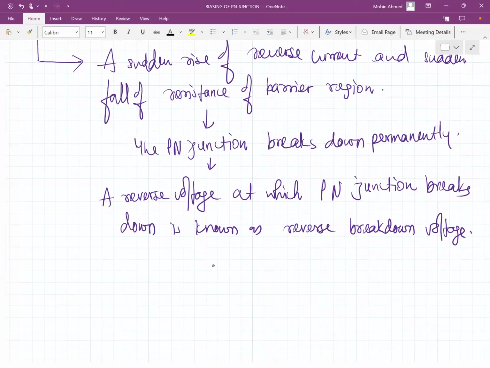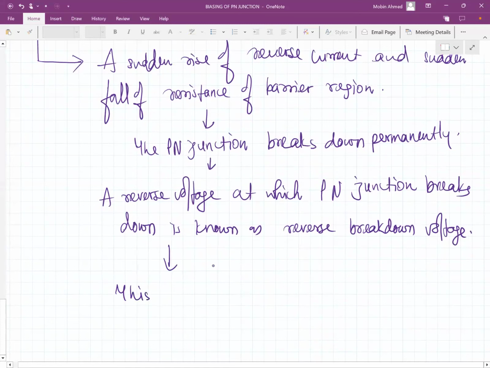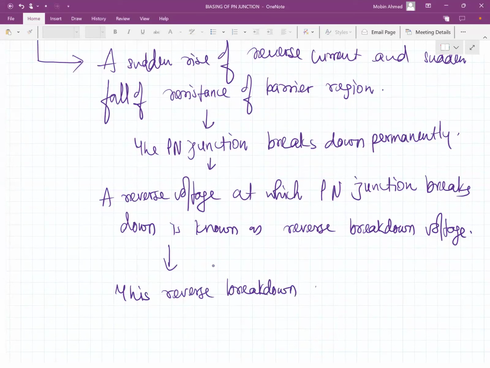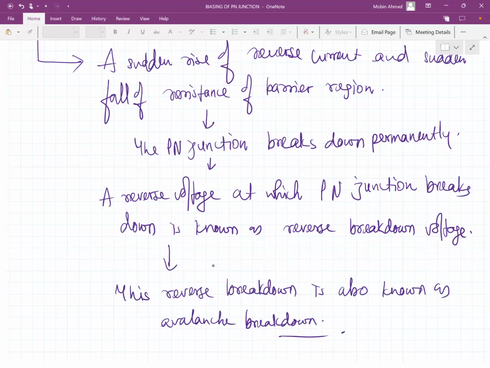This reverse breakdown is also known as avalanche breakdown.